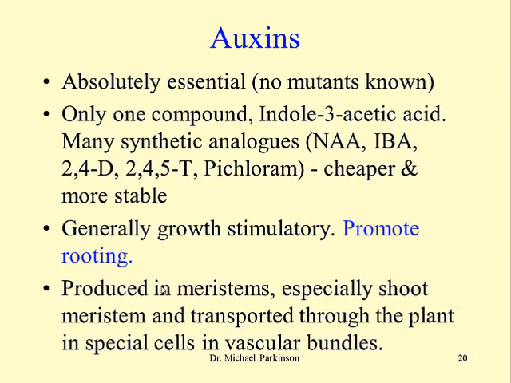So for example, for micropropagation, where you want to maintain polarity in the plant, you would typically use indole acetic acid, IAA, or NAA or IBA, and you would almost never use 2,4-D, 2,4,5-T or picloram.